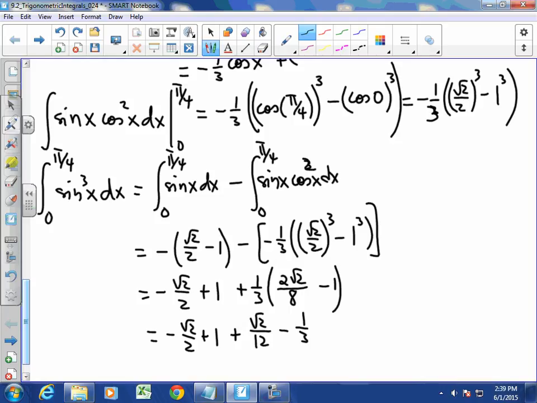Now reducing to the same denominator, for the one with square root 2 you multiply by 6, and there will be negative 5 root 2 over 12. Then the other one multiplied by 3, 3 over 3 minus 1 over 3 is 2 over 3, so plus 2 over 3. And that's the end of this problem.